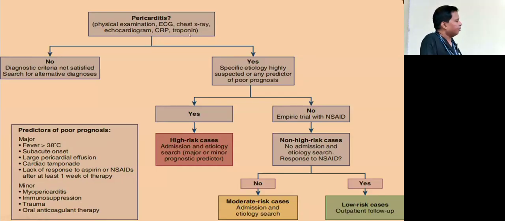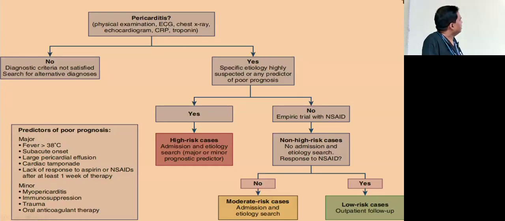C-reactive protein and troponin: either HSCRP, if it is available, or CRP will tell you the disease activity. If it is increased, then it is suggestive of acute pericarditis. Either an ESR also can be taken if CRP is not available. Troponin elevation will usually be very high in myocarditis, but in pericarditis there may not be that much elevation.